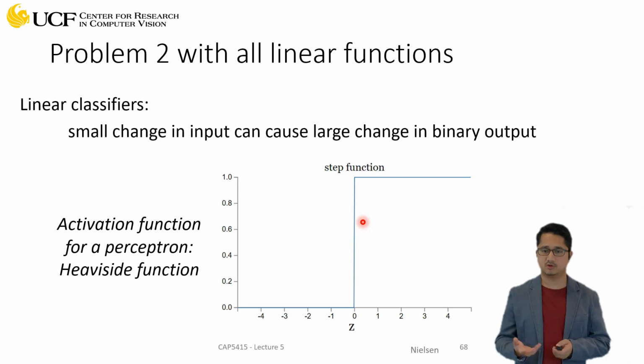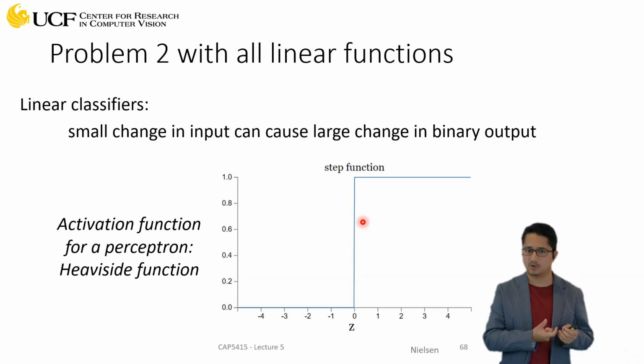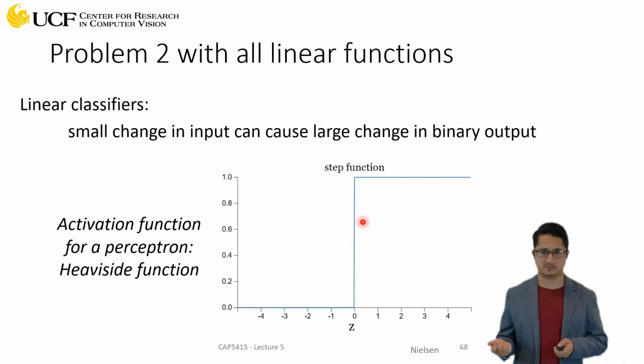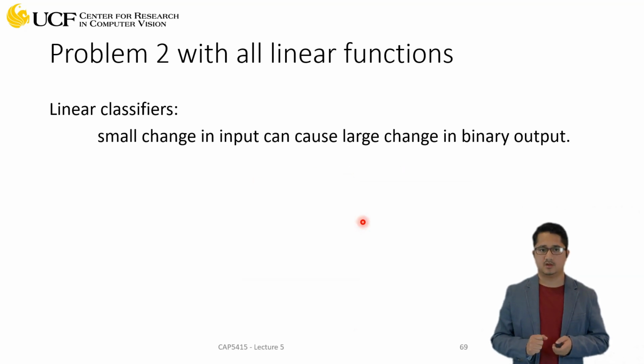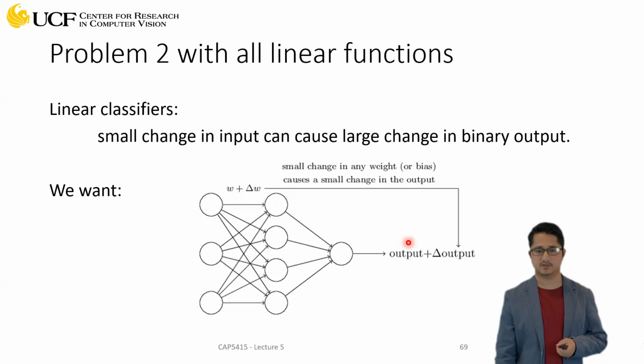So that's not a good property, and we want to control that. Ideally, what we want is if you're changing the input by a very small amount, we should observe a very small amount of change in the network's prediction as well.